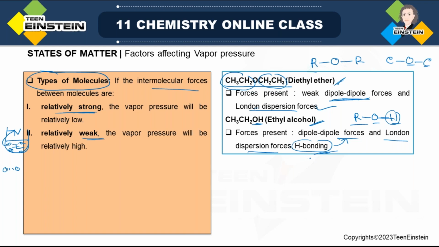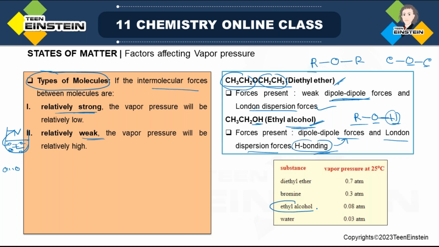So the force between two ethyl alcohol molecules is stronger than the force between two diethyl ether molecules, and you cannot bring them far from each other. It is difficult. That is the reason that for ethyl alcohol, vapor pressure will be low and boiling point will be high.